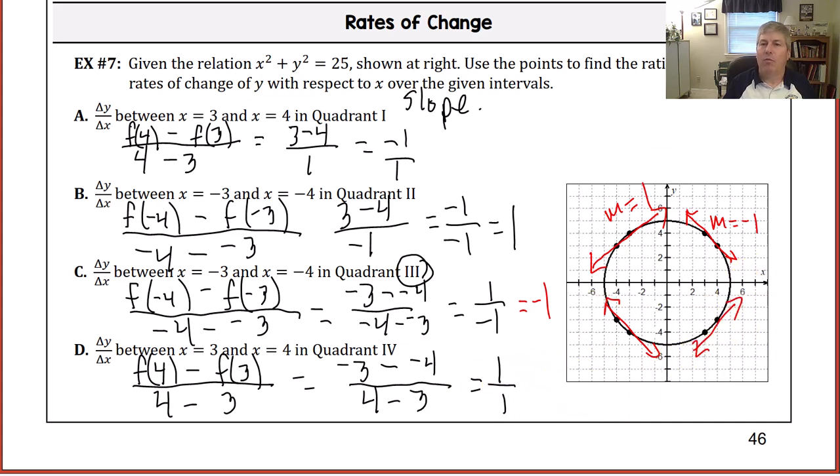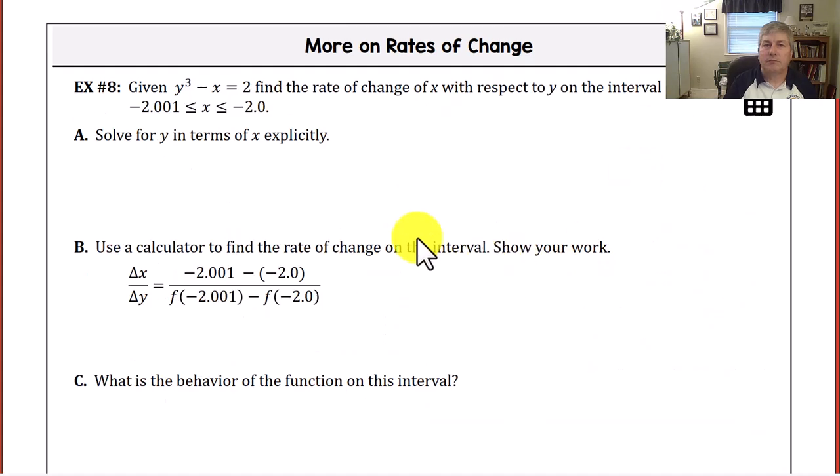In example 8, we're given the equation y cubed minus x equals 2. We want to find the rate of change of x with respect to y on the interval x's between negative 2.001 and negative 2.0. We're first asked to solve for y in terms of x explicitly.